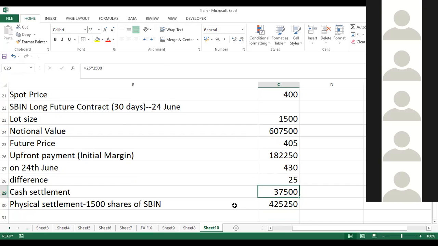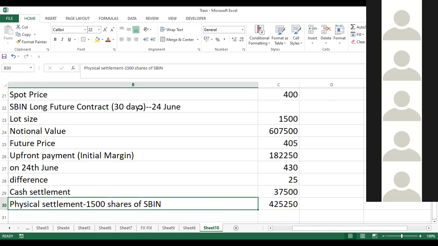Physical settlement is where you bought one contract and that contract is not closed. That means you don't take an opposite position, and unless you take an opposite position, the contract is not going to be closed. If you don't take an opposite position, even on the day of expiry, and you don't close it, you're basically sending a signal to the exchange that you want to take physical delivery.